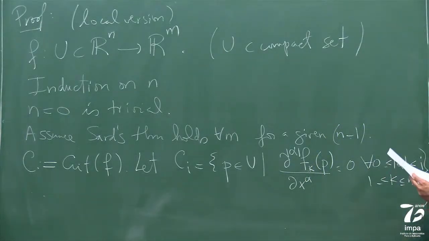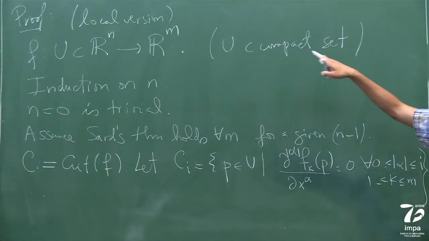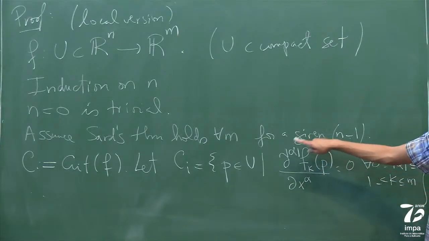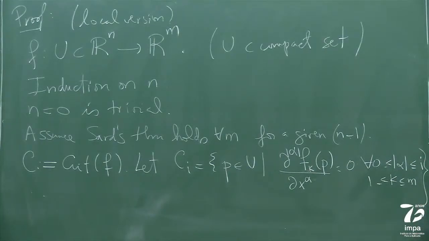So my function consists of, I can think of F as m functions from Rn to R. This is the index k. And I can look at the partial derivatives where alpha is a multi-index of size at most i. So basically, all of the partial derivatives up to order i are 0.